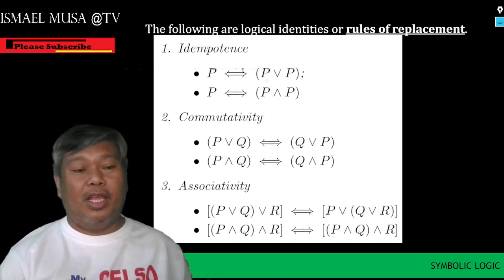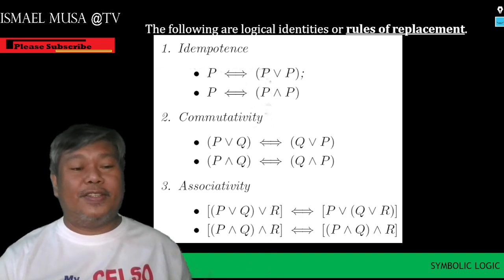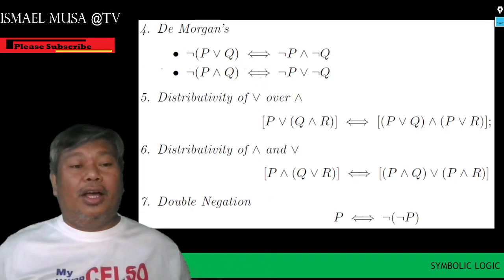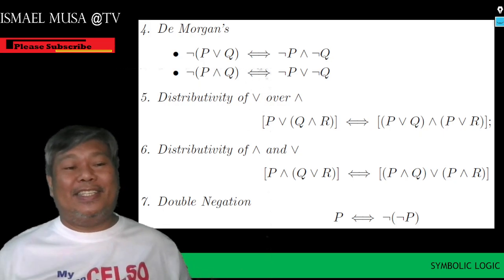Associativity. If you have three ors, you can associate P or Q or R, or you can say P or, then you combine the Q or R with a parenthesis. That is the same with conjunction. We have also De Morgan's law.